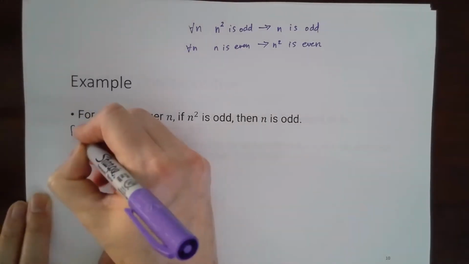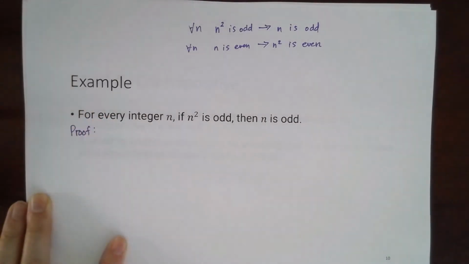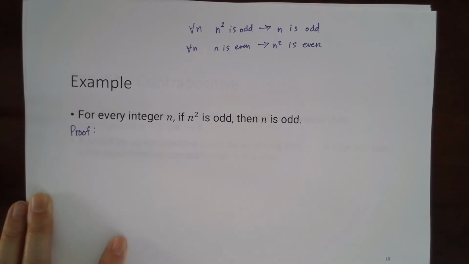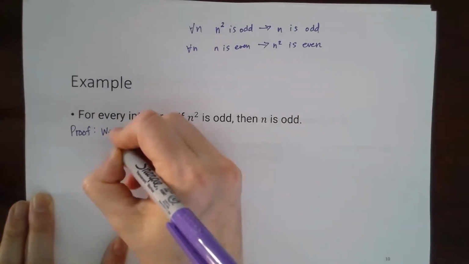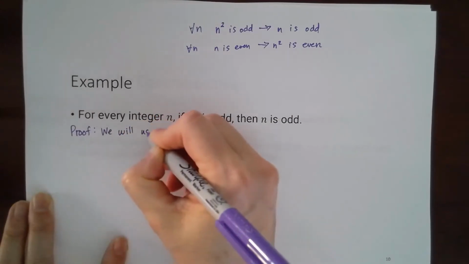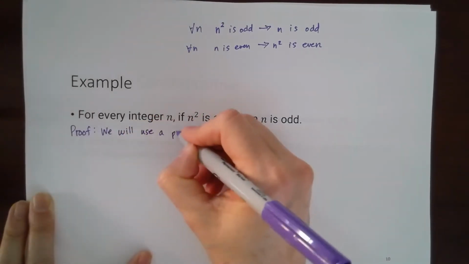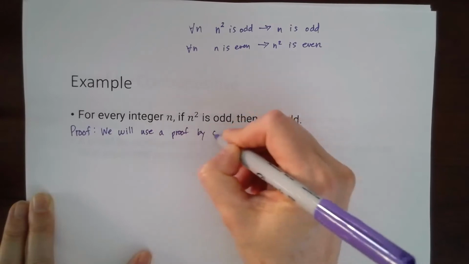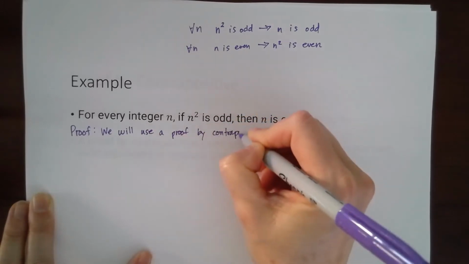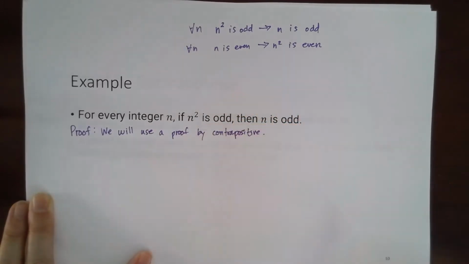Okay, so we might clue in the reader that's reading our proof that we're actually using a proof by contrapositive. So we could say we will use a proof by contrapositive, and then maybe explain to them what that means.